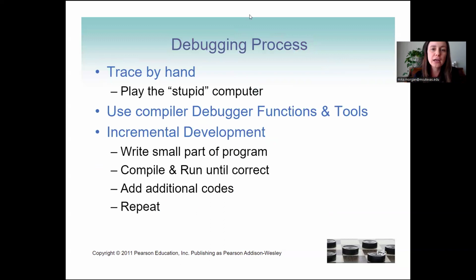Okay. How can you try to find a mistake? Go through by hand and step through it, seeing what would happen here. There are debuggers inside of our programming environment. Visual Studio has a debugger built into it, and it will run your code line by line and show you what is being saved inside of your variables at each step.